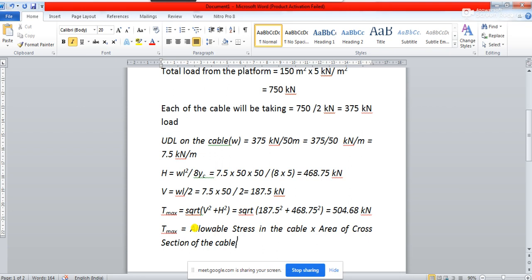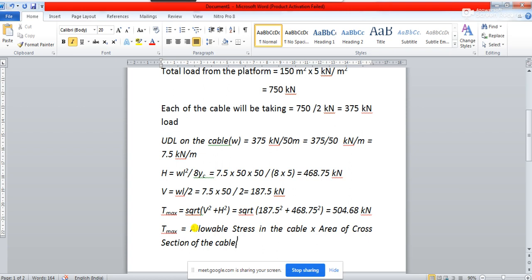Can I write this? Simple strength of materials, it's nothing else. You are just applying simple strength of materials, okay? So allowable stress multiplied by area of cross section of the cable. That's what you will have to do. Very simple. Correct or not?